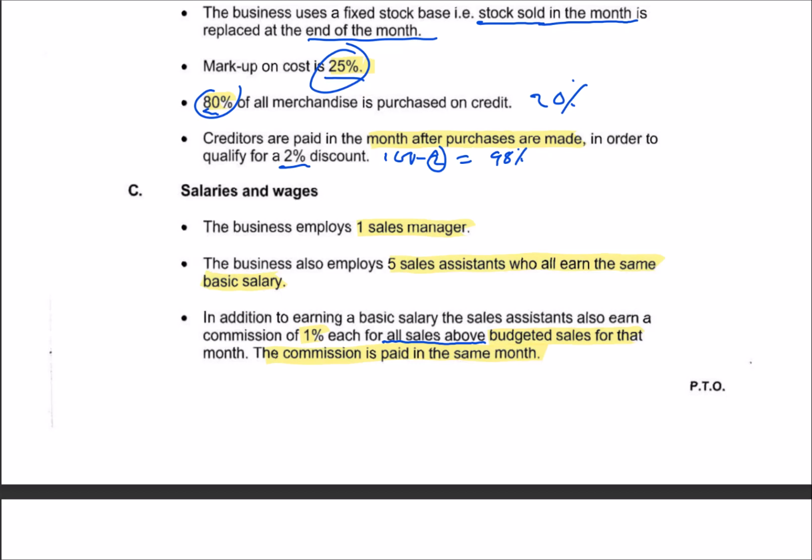The commission is paid in the same month. It didn't specify that they've got individual targets. So it says sales above budgeted sales, which means they share it equally.